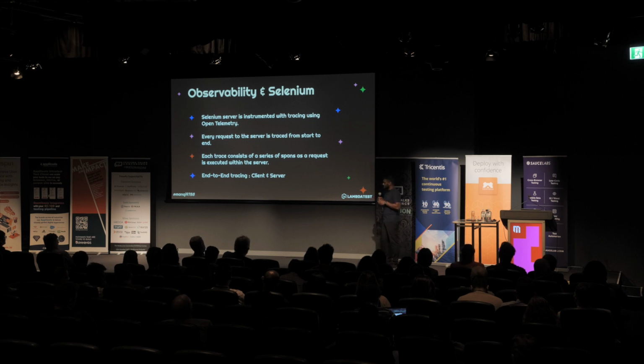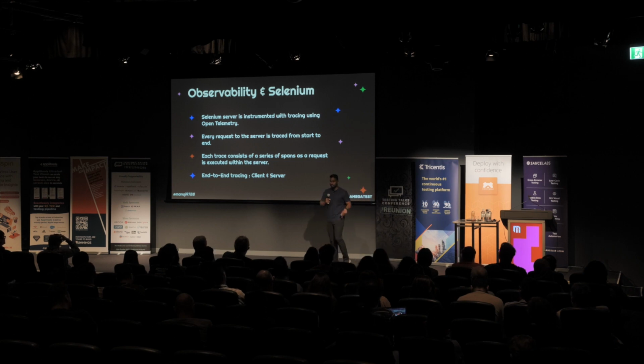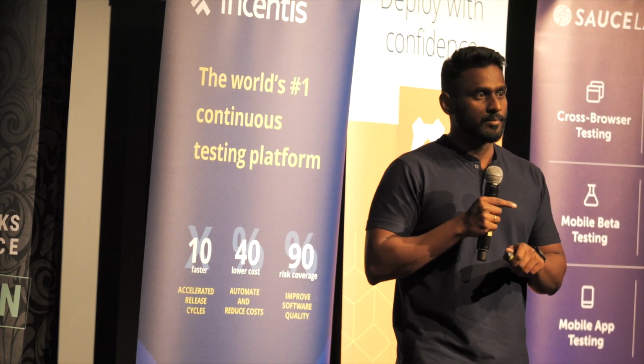Every request that happens from the client to the server is being taken care of, and every trace is being captured. It's just like when you walk down here and you see your footmarks, exactly like that. Every session that starts from your browser, hits the Selenium Grid and goes into your browser, is being traced right now.